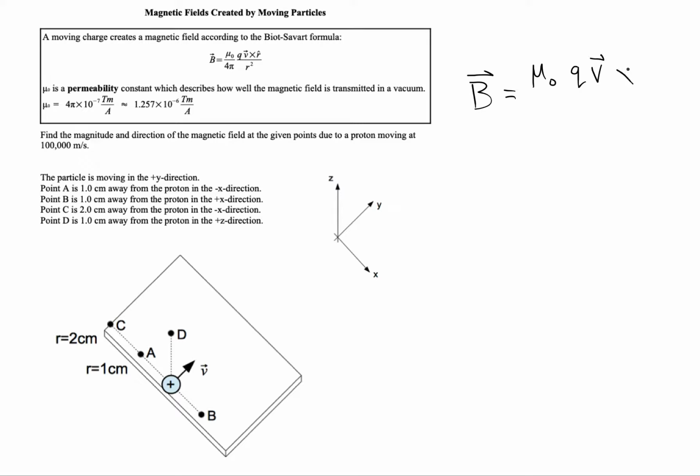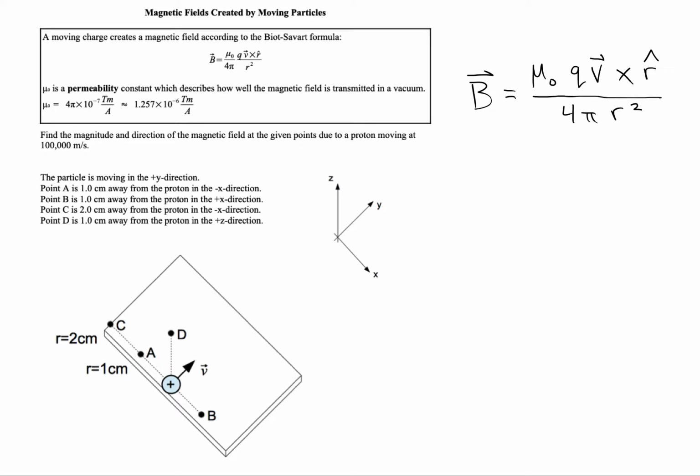We'll cross the velocity vector with a directional unit vector, r hat, and I'll go over how to find r hat here in a minute. And then we'll divide by 4 pi times the distance squared, where the distance r is going to be the radial distance from the charge creating the field to the point where we're evaluating the field.